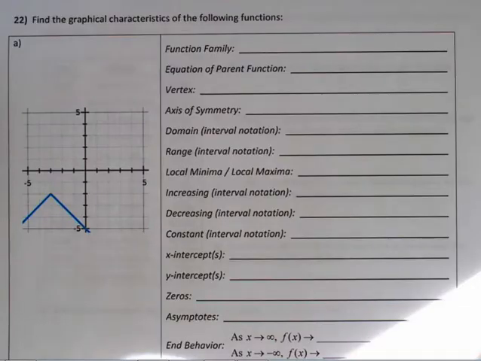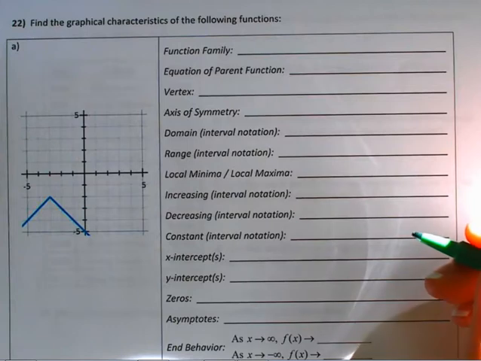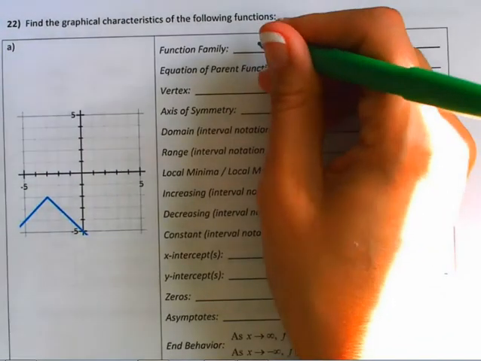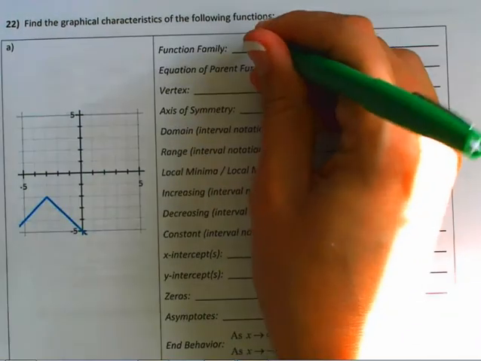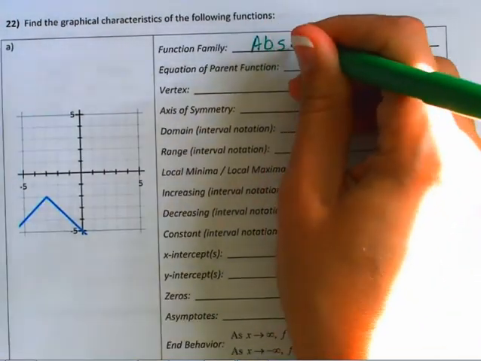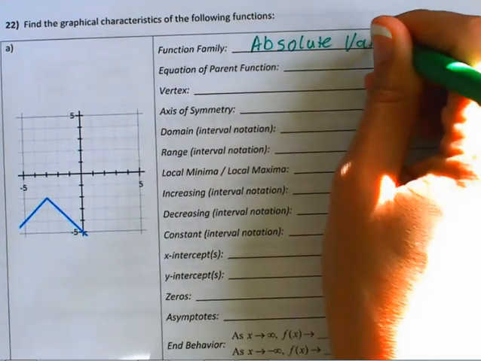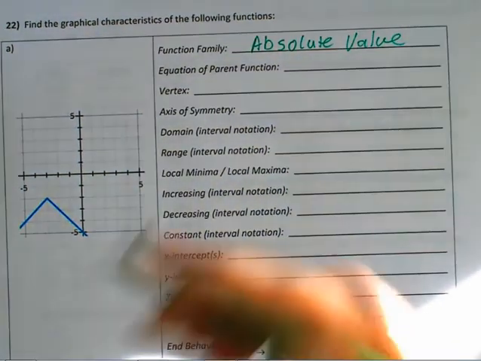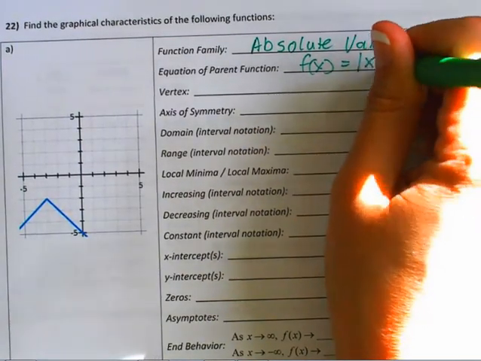Okay, number 22. Find the graphical characteristics of the following function. We told you we were going to see this on every single test. So that function family, if we look over here, we see that this is a v, so that's absolute value. Parent equation is f of x equals the absolute value of x.